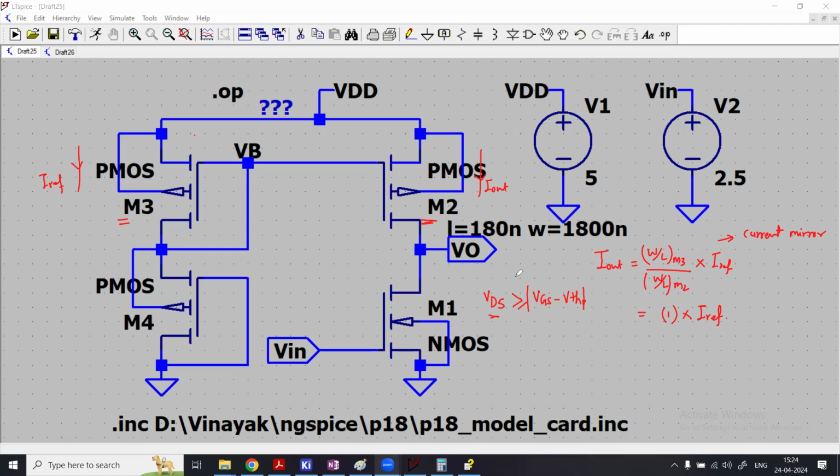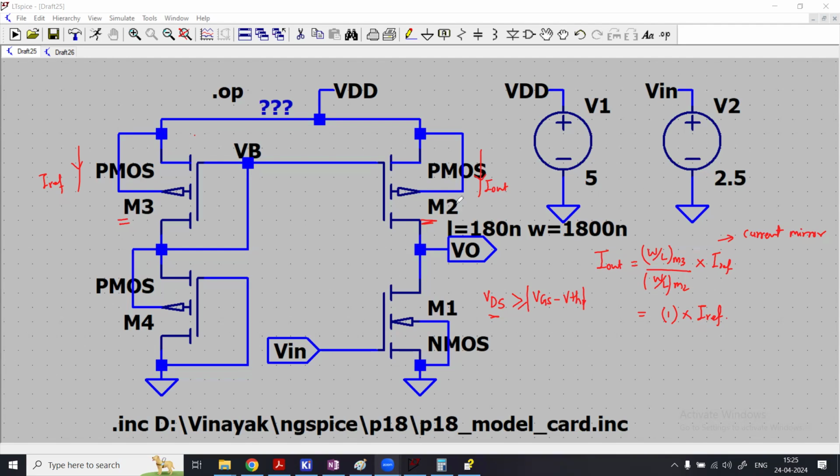But with advanced technology using short channel MOSFETs, such matching is difficult or challenging because there are many effects such as channel length modulation, body effect, and all those things to take into consideration. Okay, so what we'll do, we'll just focus on approximation of your analysis, and we'll understand how the circuit works.